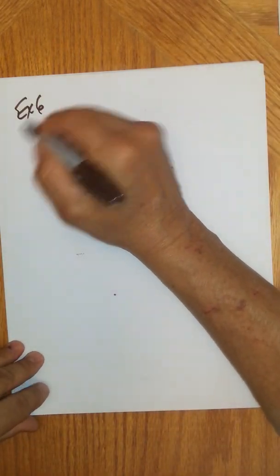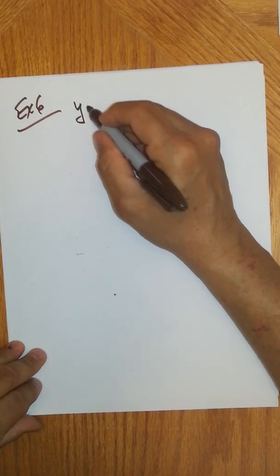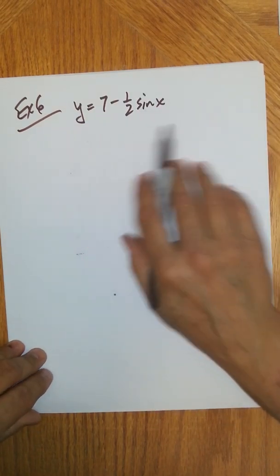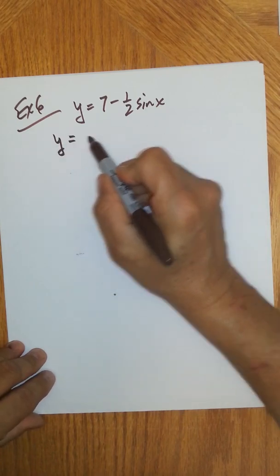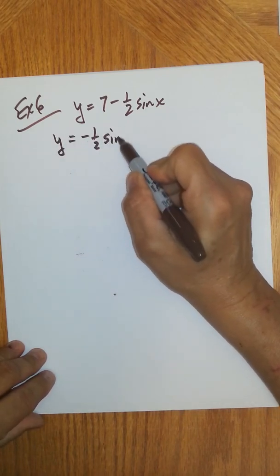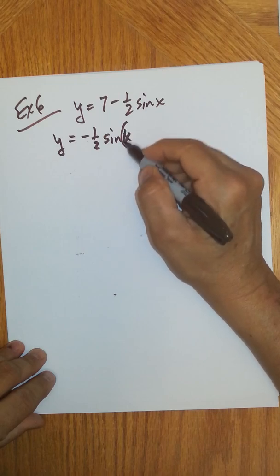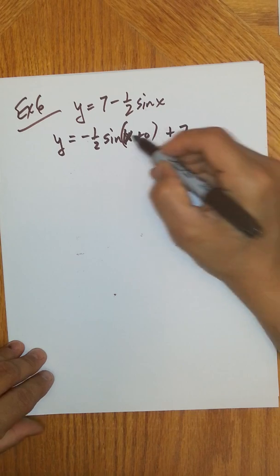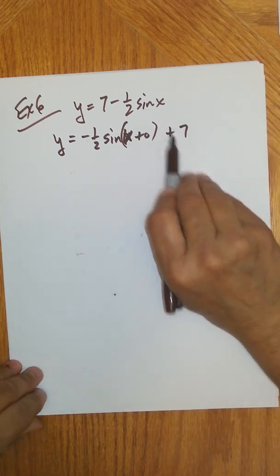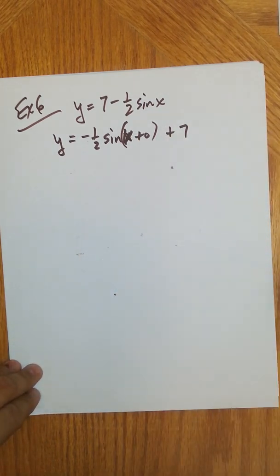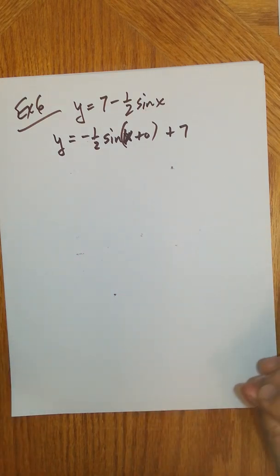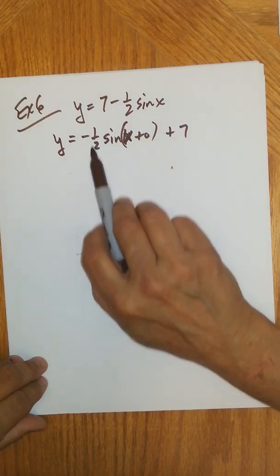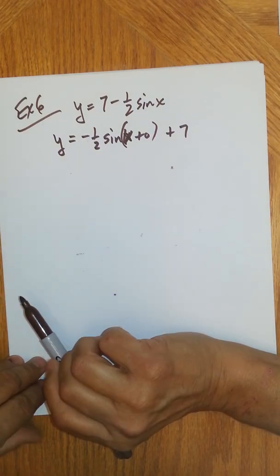And now the last example. I would rewrite this again in its standardized form. So this is a 1x plus 0 plus 7. So we have an axis change. Our axis is now y equals 7, so my sine function is going to wrap around y equals 7, and it's going to get compressed to a half, and it's going to be reflected.